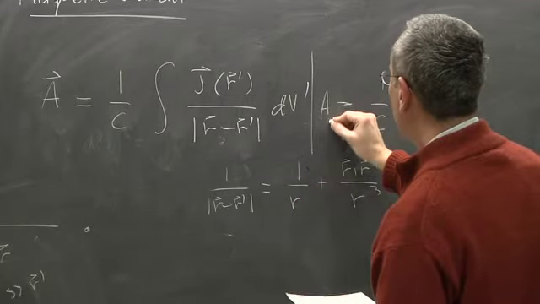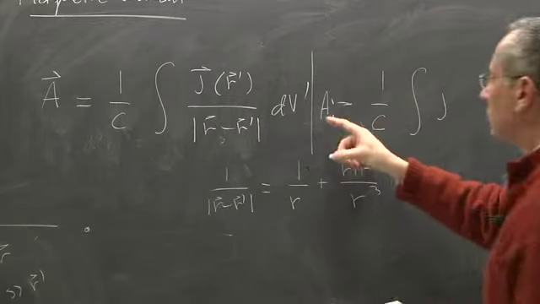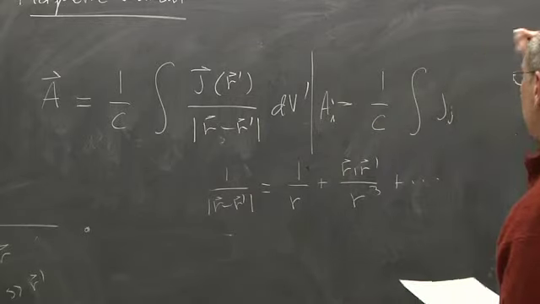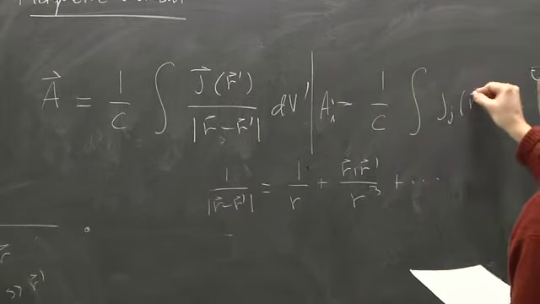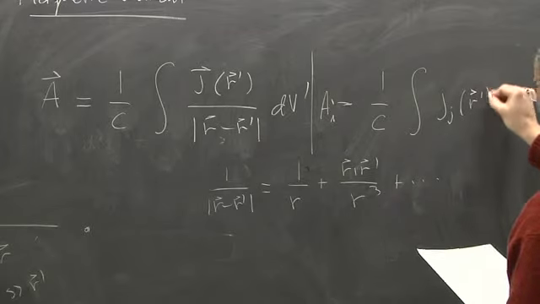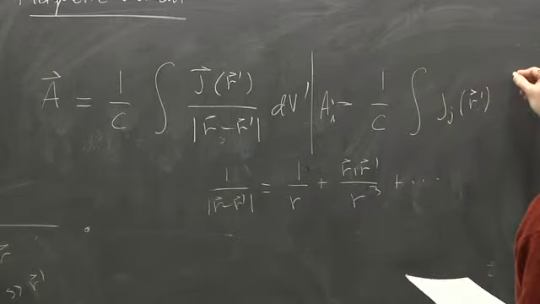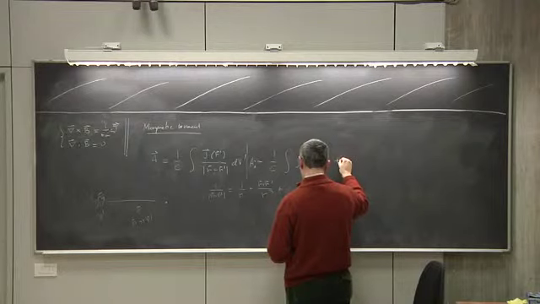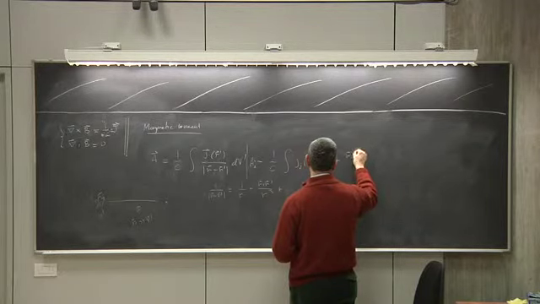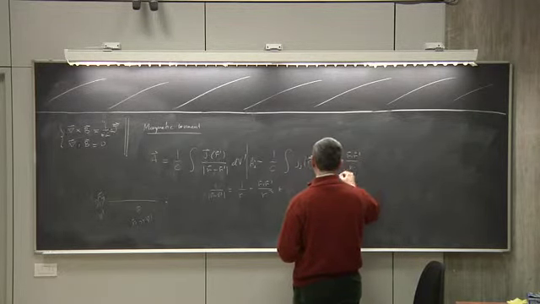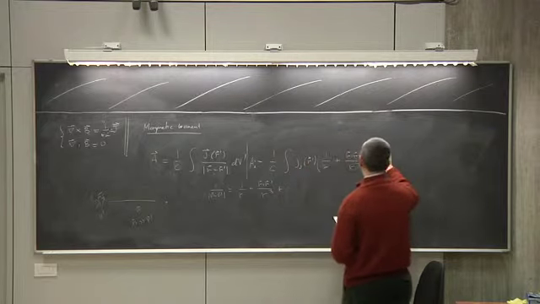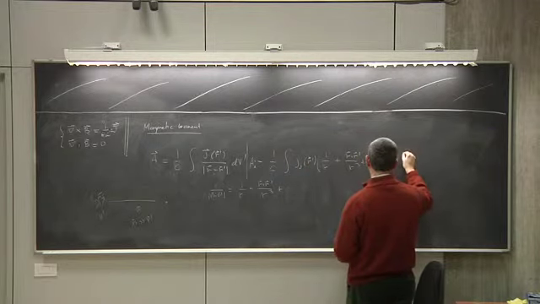So let me write the component. This is a vector, so let me write the I component. It's nicer this way. And then I put this expansion, right? 1 over R plus R dot R prime over R cube plus whatever, d3r prime.